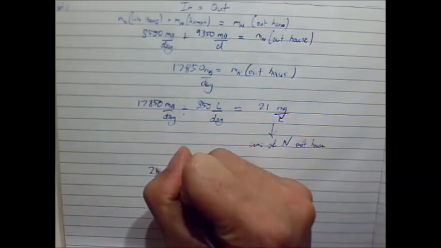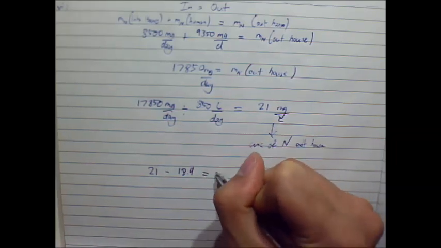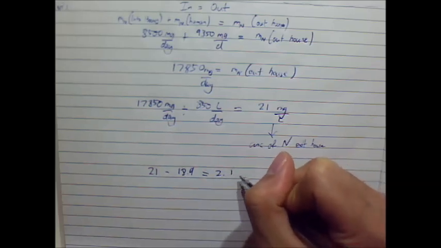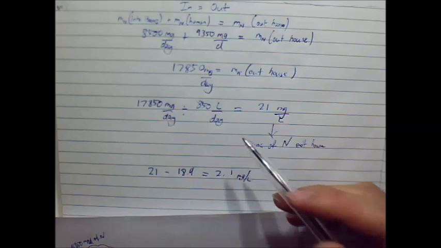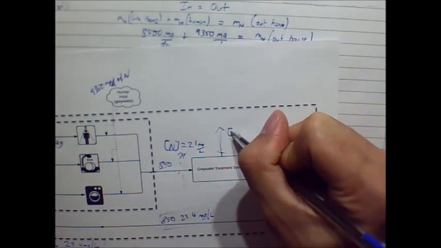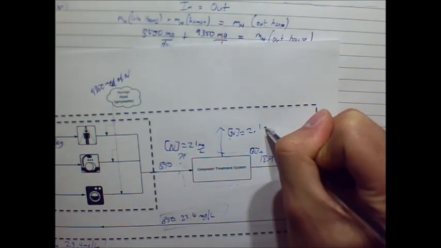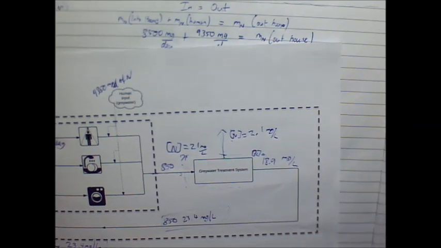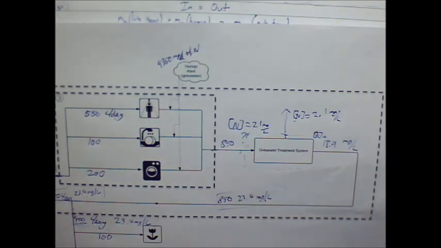So I'll take my 21, which is my before, I'll subtract my 18.9, which will give me 2.1 milligrams per litre is how much I need to remove out of my system. So this stream here, I need to remove 2.1 milligrams per litre of nitrogen to ensure that my household system is operating within WHO guidelines.